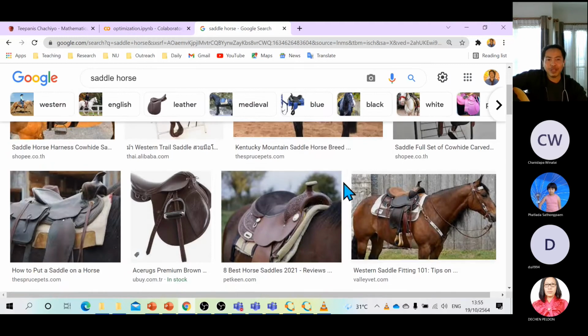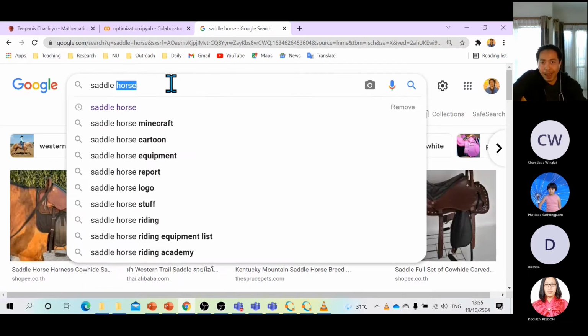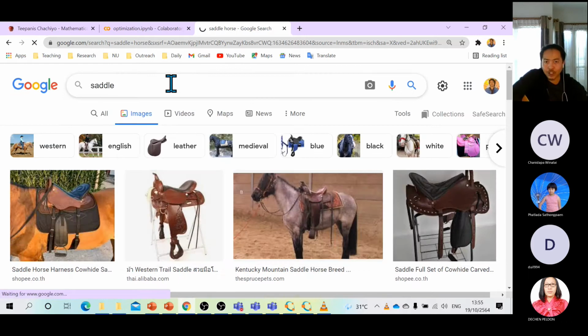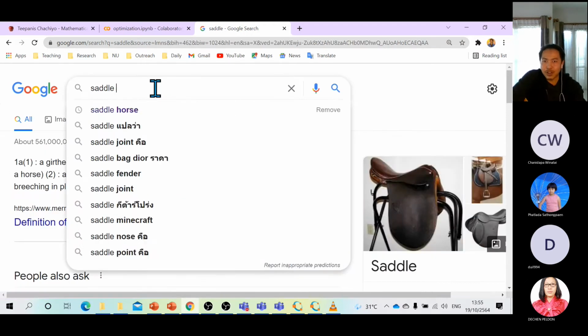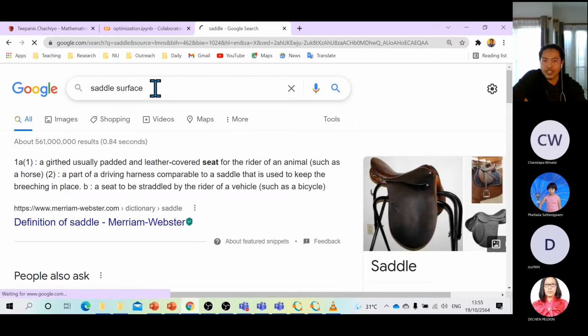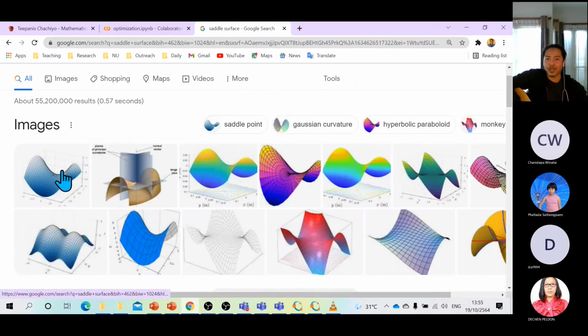If you look at this in this way, it's a minimum. Look at the other way, it's a maximum. Now, if I use mathematical terms, you can see the graph of this saddle point quite clearly. Let's go on here, saddle surface. There you go. That's a saddle point surface.